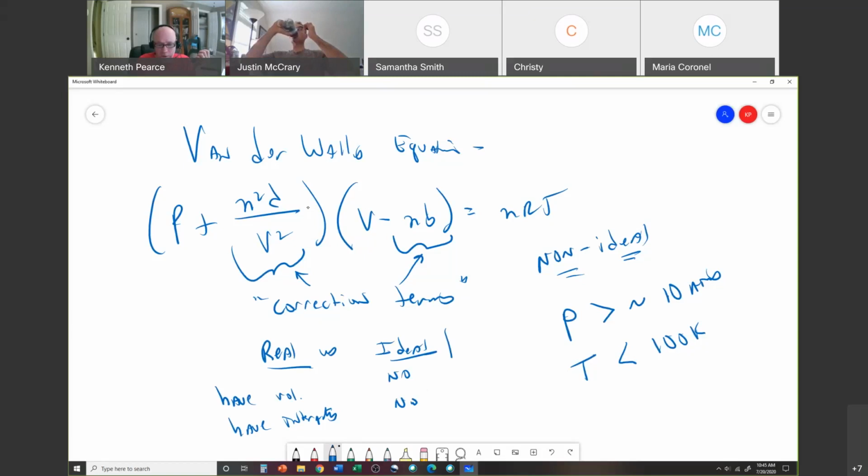But what does that really mean? Real gases, since they have volume, have a pressure higher than what you'd expect. And since real gases have interactions, the pressure is also lower than what you'd expect because they're pulling each other in.